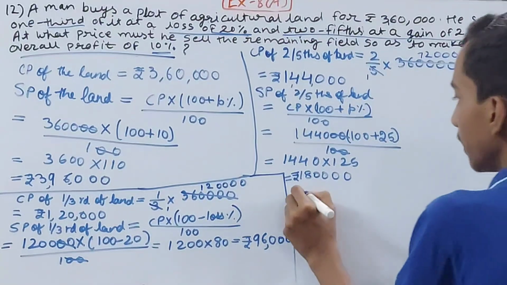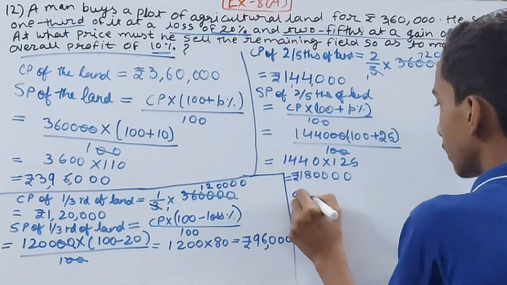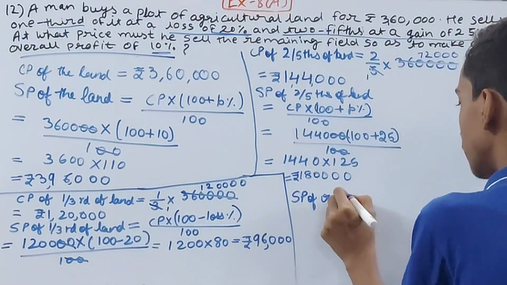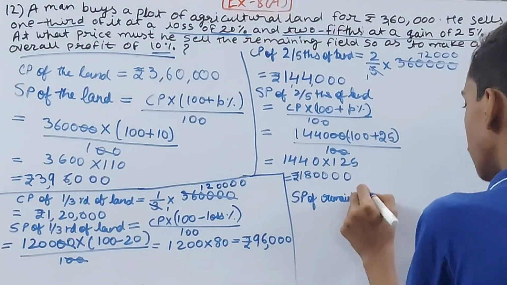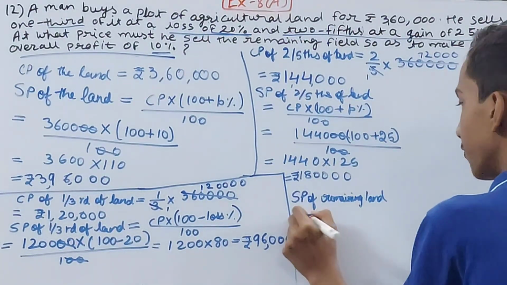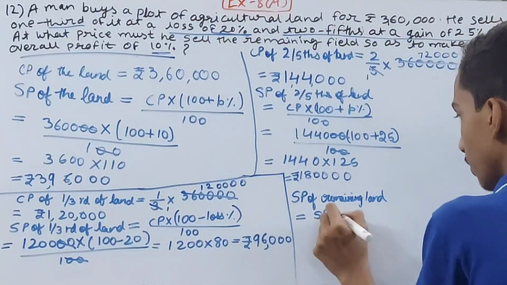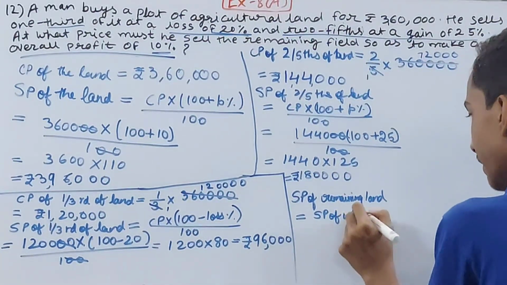So now calculate the selling price of the remaining land. That will be equal to the selling price of the whole land, right?